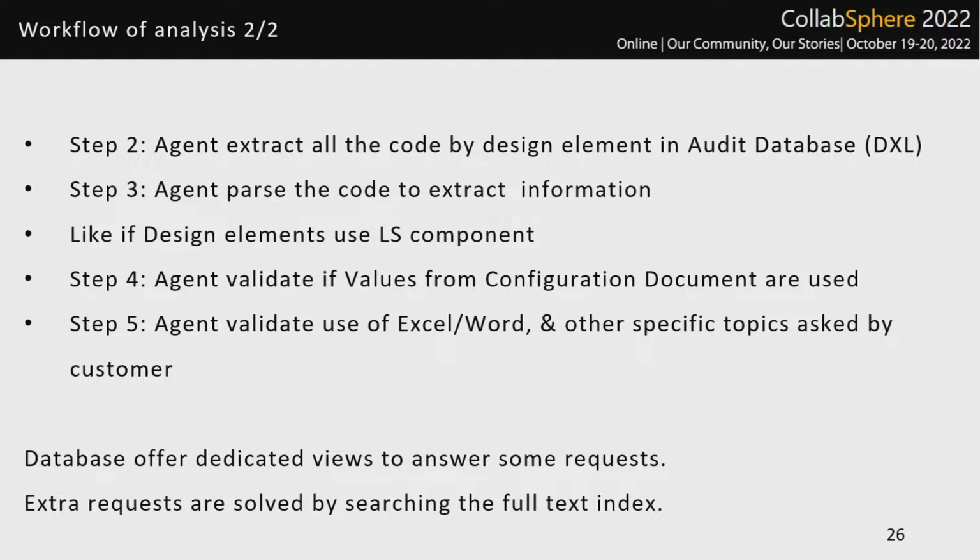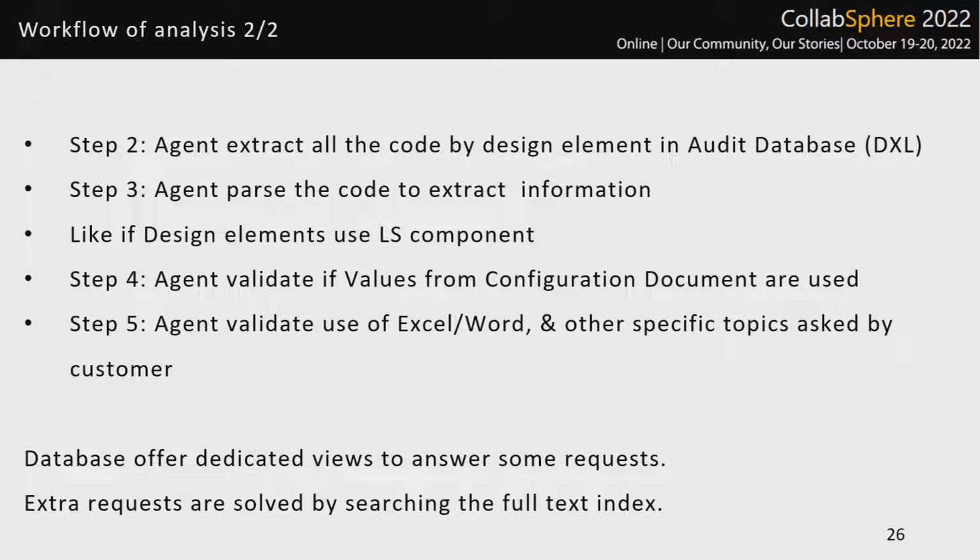After you've got the complete list, this is the start of an agent that extracts all the code, design element by design element, thanks to DXL. And we can then parse the code to extract meaningful information about the code, about LotusScript components, about values found in the code from configuration documents, about presence of calls to Excel, Word, DDE, AI, ODBC, anything.